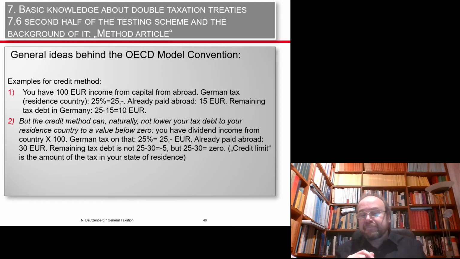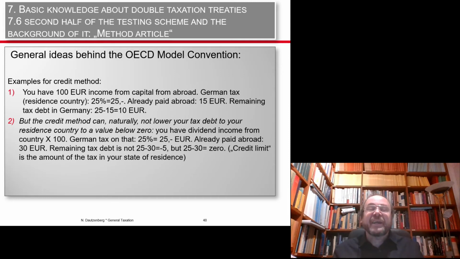Now, naturally, there are certain limits to the credit method. Imagine the following dramatic constellation. 25 euro is demanded by Germany on a dividend from abroad, but abroad was already taken 30 euro. Now, naive persons would calculate, I owe the German 25, I already paid 30 to the others, so give me 5 back. You will probably have no success with that.